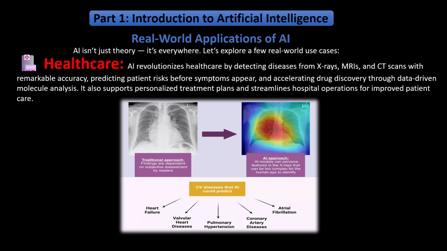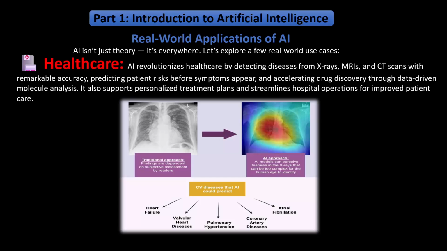As you can see in this image, we have two approaches: the traditional approach and the AI approach. Now, if you have some knowledge in healthcare related to X-rays, then you might be familiar that in the traditional approach, findings are dependent on subjective assessment by readers.